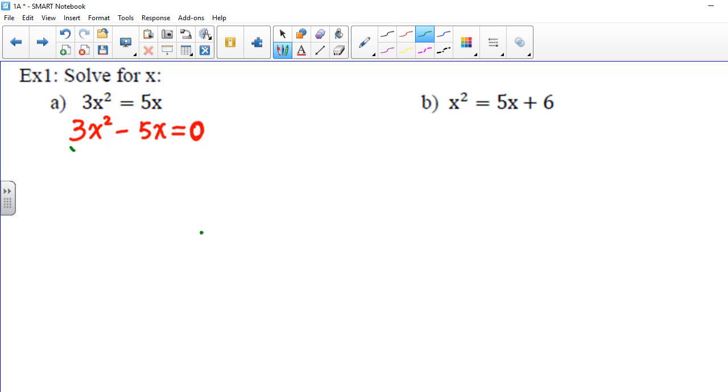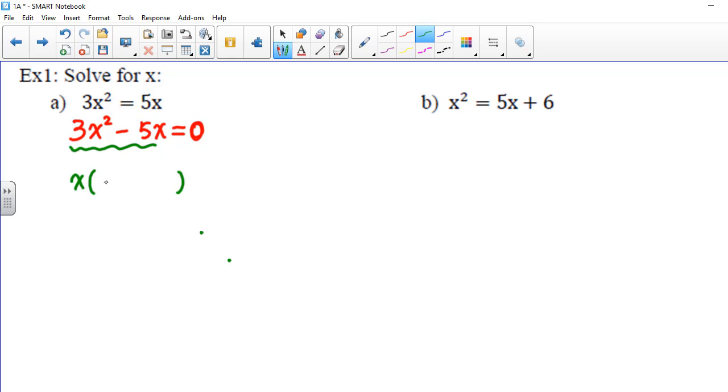Look at step 2. We need to factor ax squared plus bx plus c. Here in this case, the c value is 0. We need to factor 3x squared minus 5x. How can we factor this binomial? We learned the skill in Math 10. We can factor this binomial by taking out the greatest common factor. What is the greatest common factor for these two terms? It's x. So we put x outside the pair of brackets.